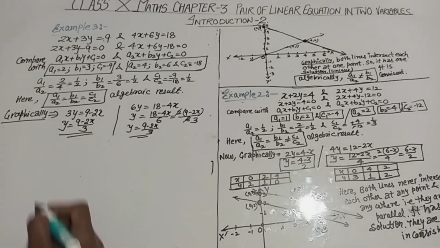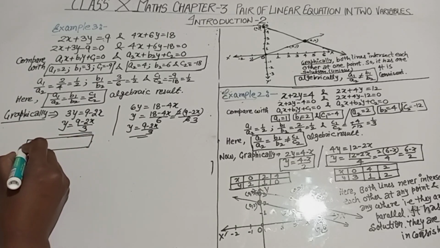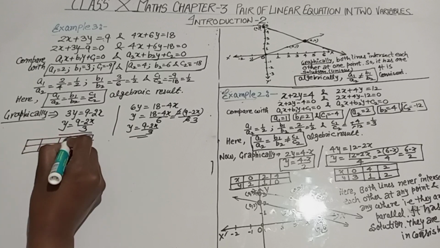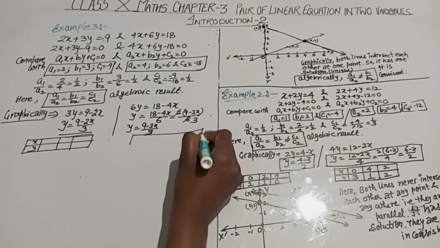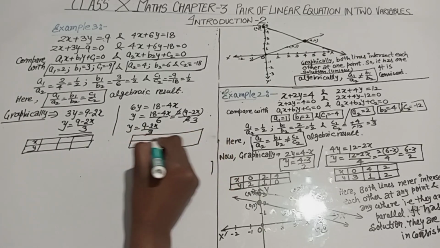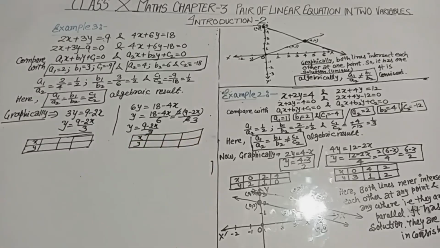Okay, so now here, x and y. Okay, so let us do here. Now we put values of x for which the numerator is divisible by 3.